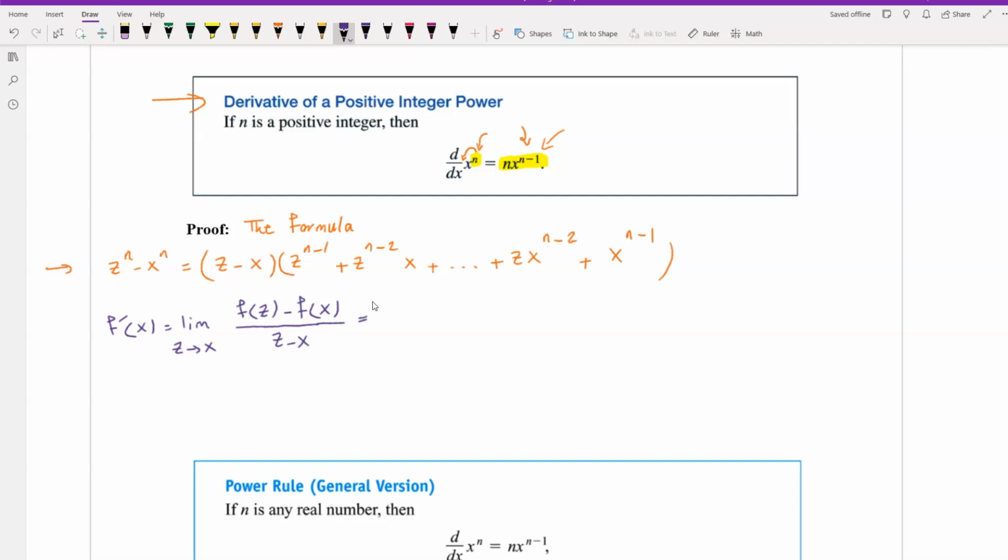And that is equal to the limit as z approaches x of z to the n power minus x to the n power divided by z minus x in the denominator.